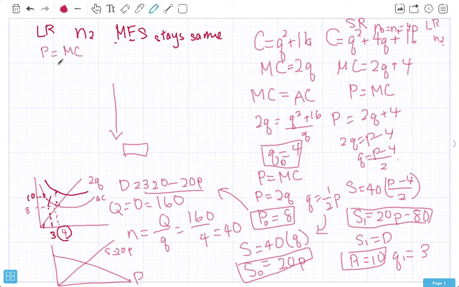And then what you would do is P equals q plus 4, but in q, you plug in 4 because it would go back to this initial state. So you would have plus 4. Now P equals 12. So this is P2. And you can find q2 by plugging this P into here. It would be 4.